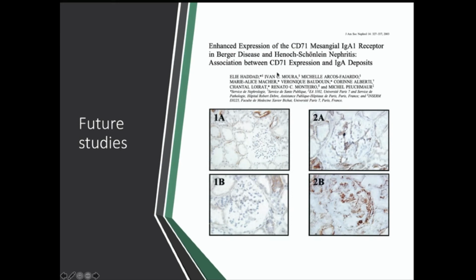Normally, CD71 has really minimal or low expression, but for patients with IgA nephropathy, or HSP, so IgA, Berger disease here is IgA nephropathy, and HSP is IgA vasculitis nephropathy, the expression of CD71 is enhanced, increased, elevated.